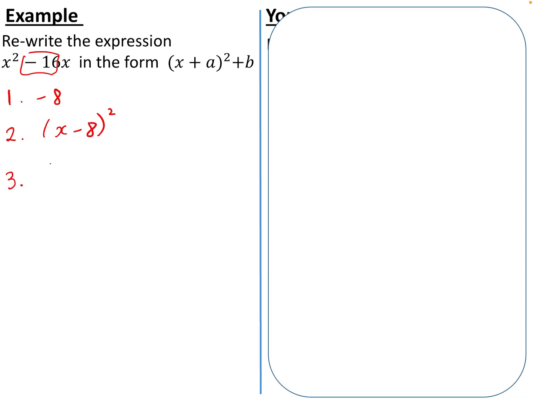Step 3 is to keep that there, and then I want to subtract this number squared. -8 times -8 is actually still going to be a positive number. 8 times 8 is 64, so I'm subtracting 64. If you wanted to, you could then re-expand that and check your answer. Please pause the video here and write this down as an example.